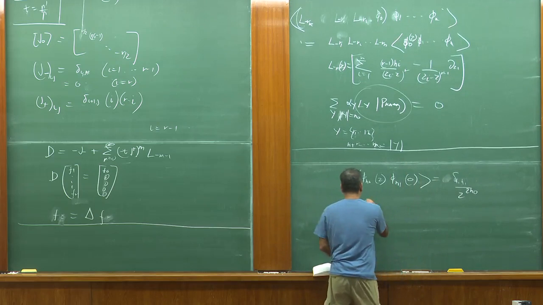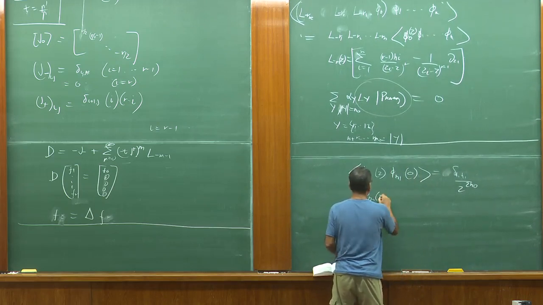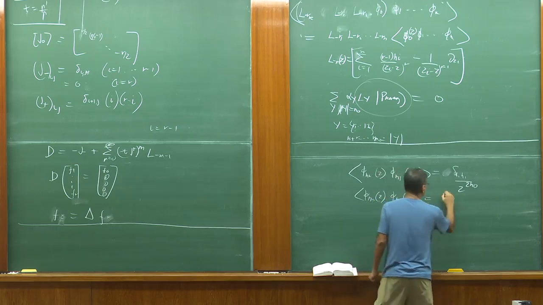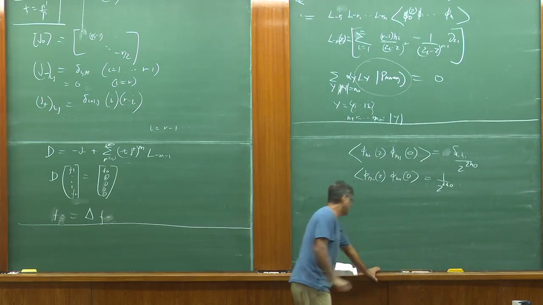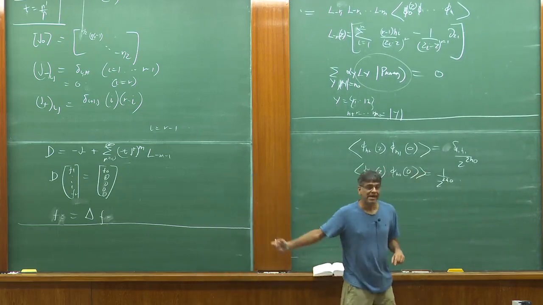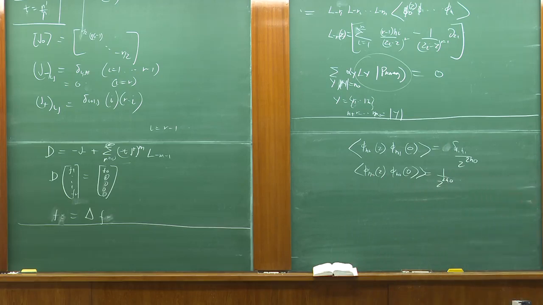So we get phi h naught of z, phi h naught of 0, is equal to 1 over z to the power 2 h naught. We're going to take this expression, which we know to be true, and act on the first phi h naught with the null state condition.